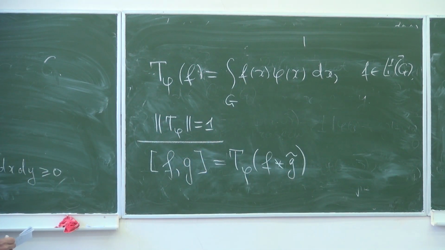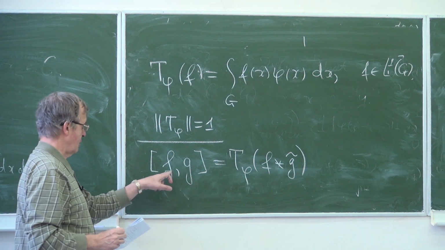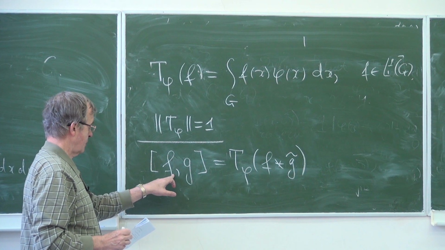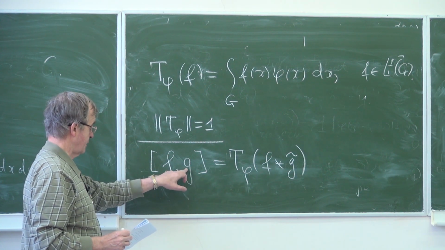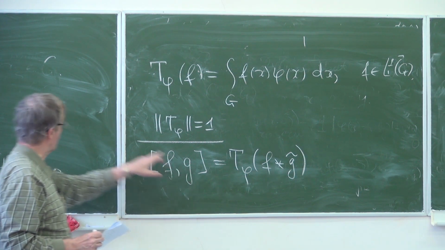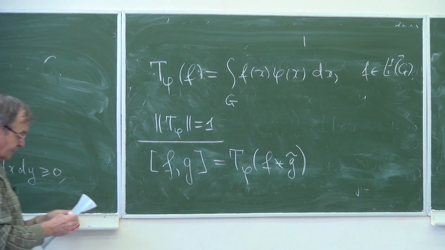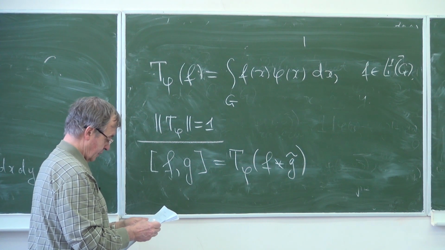So what happens here? This form is linear with respect to the first argument and anti-linear with respect to the second argument because of this bar here, yes? And also it is symmetric.